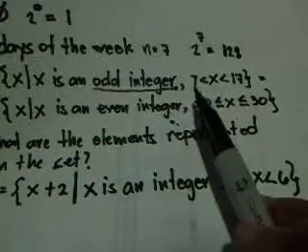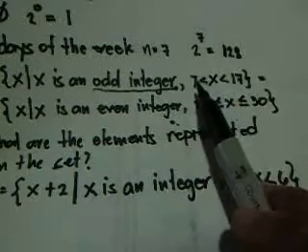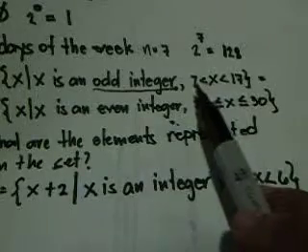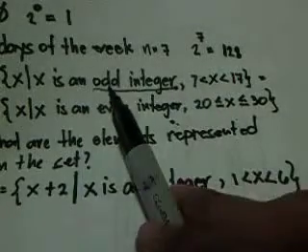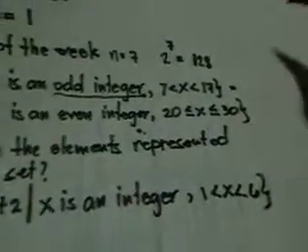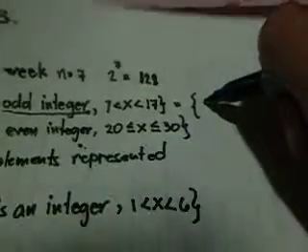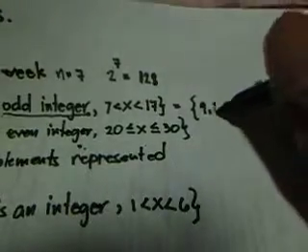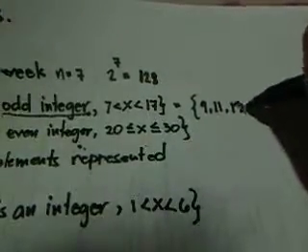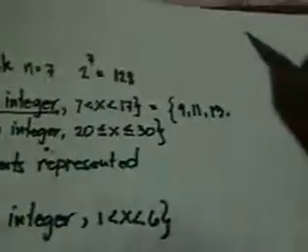What is the first number where x is greater than 7 but not equal to 7, that is an odd number? We have 9. So let us list all the elements. We have 9, followed by 11, 13, 15, because it is an odd integer.